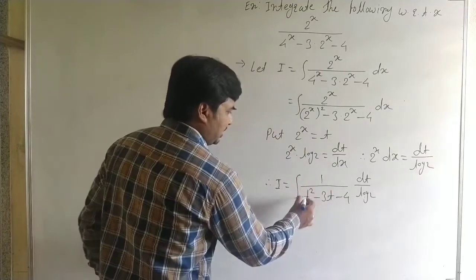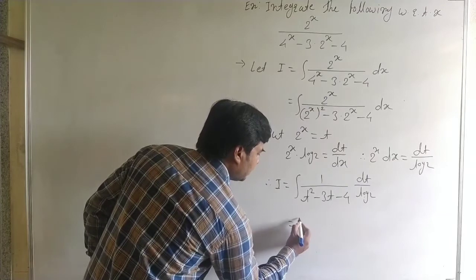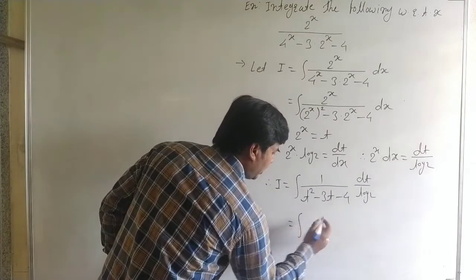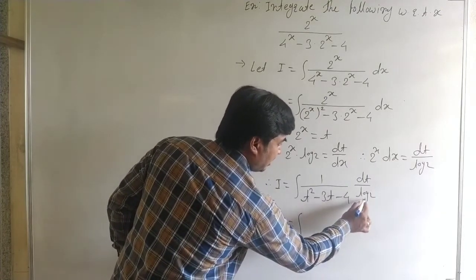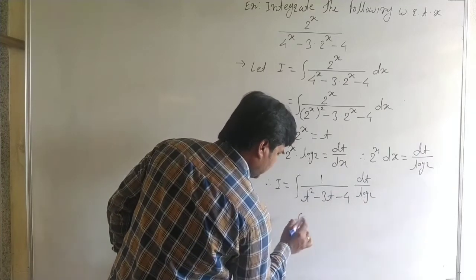So here t square minus 3t minus 4, this log 2 can be written outside the integral.